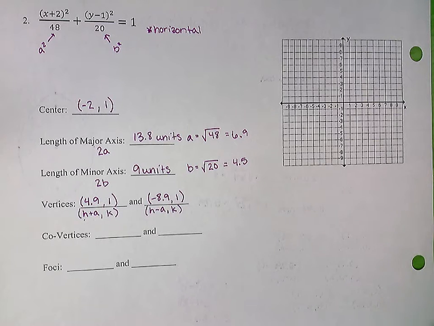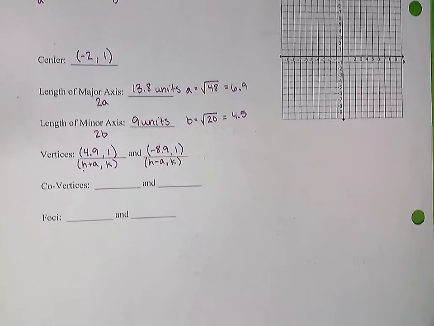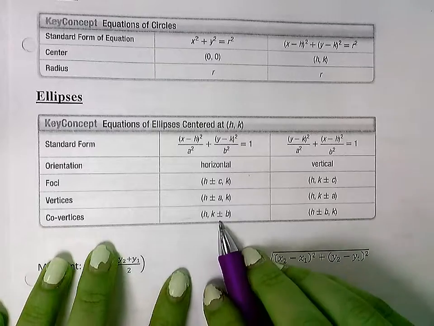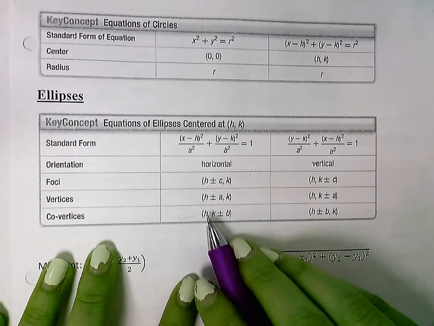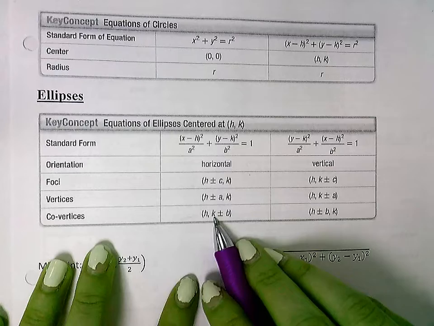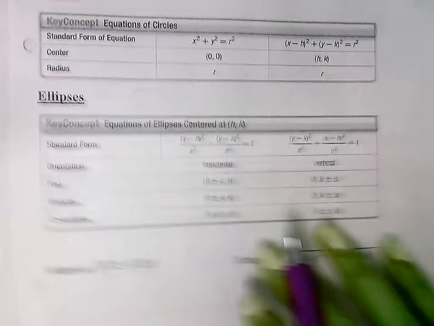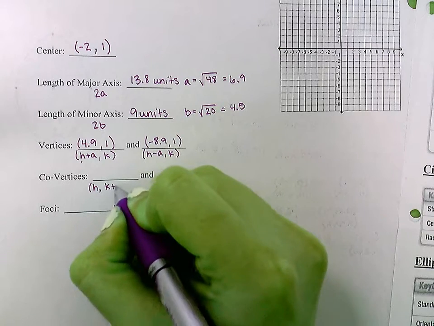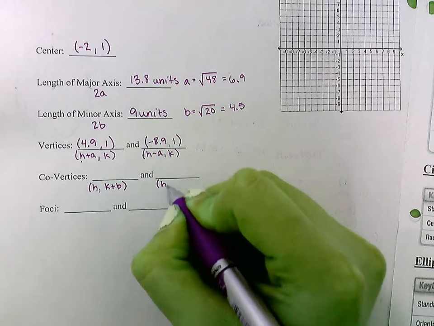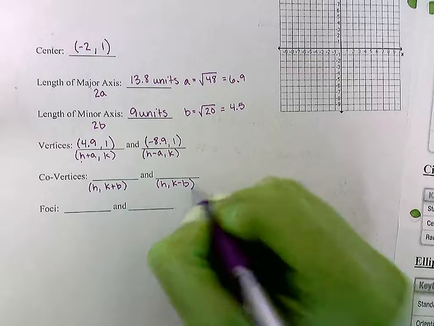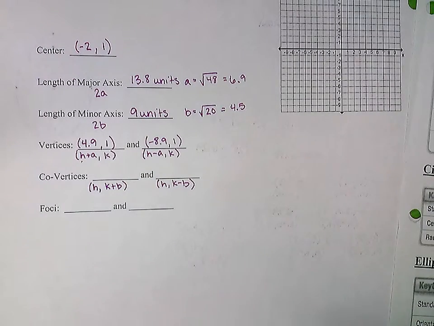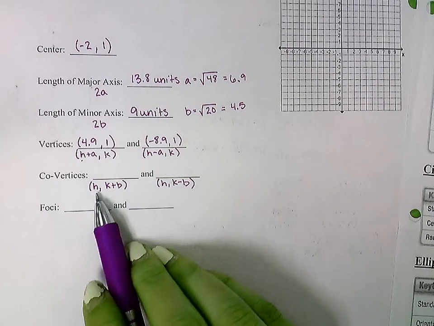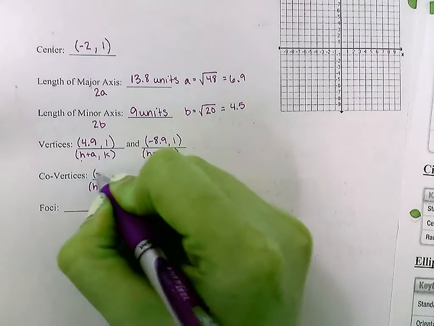Next, I need the co-vertices. To find your co-vertices, we're going to use this piece right here. That's h, comma k plus and minus b. So we'll have h, comma k plus b and h, comma k minus b. Our h value stays the same at -2.